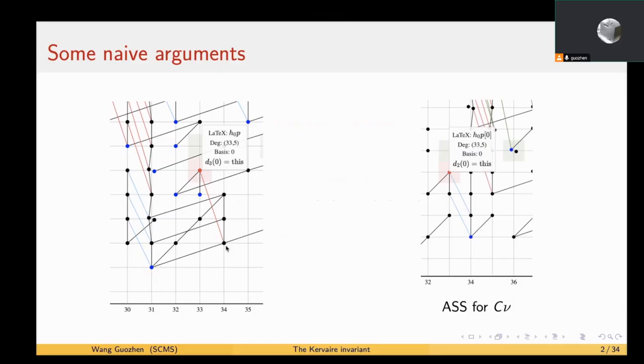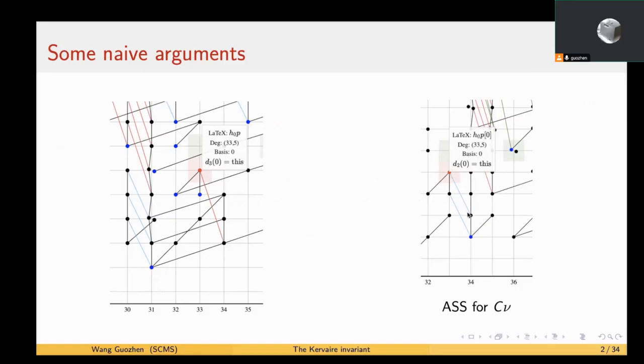And then moreover, we look at the Adams spectral sequence for the cofiber of nu. Here we have a d2 differential from that particular black point to this red point. The red point we can read off from the data, then take the h0 multiple from the bottom cell.